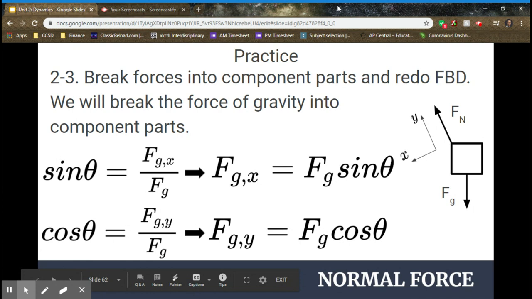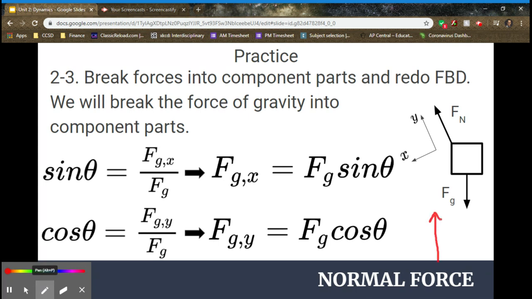All right, component parts. This one's tricky. We're going to use some of that SOHCAHTOA stuff again. To make my life easier, I am going to change my coordinate system. Most coordinate systems go up and to the right with this being positive x, this being positive y.